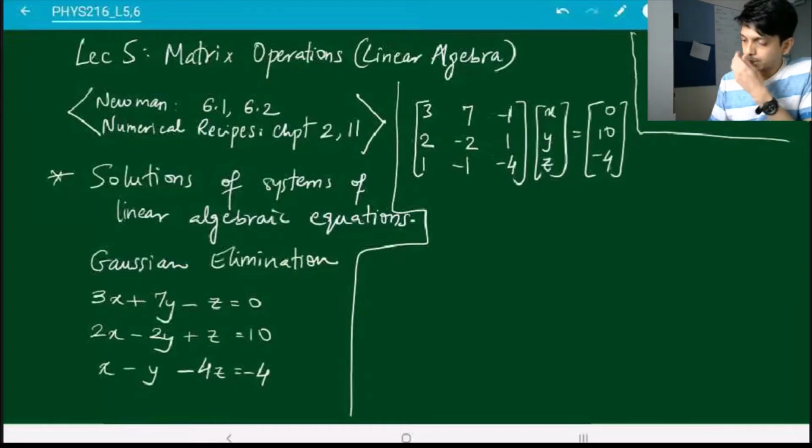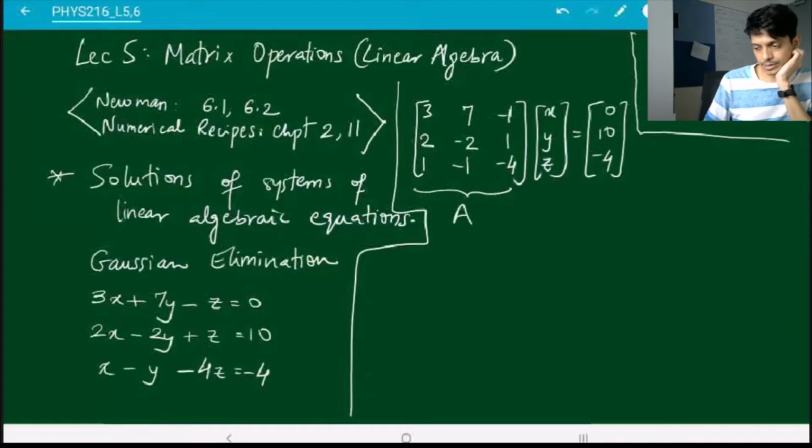So you can see if you just multiply these two matrices on the left hand side, this is a matrix A and this is a vector, let's call it X. On the right hand side you get a vector V. So you can multiply A and X and you can see that you will get exactly these three equations over here.